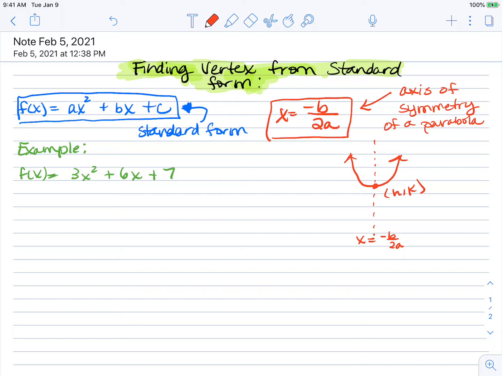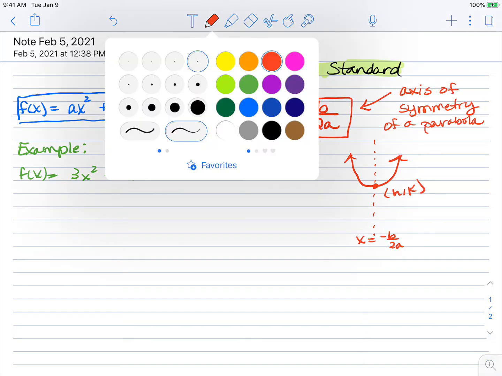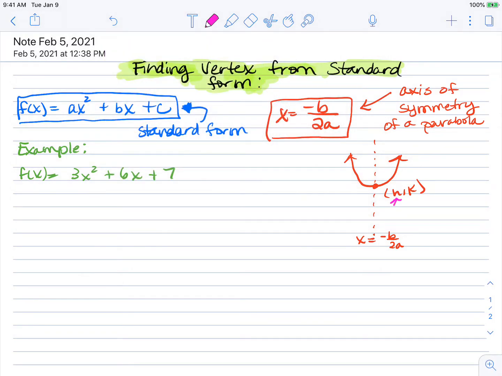So we're saying that this guy here and that guy here are the same equation. They're interchangeable to find that x value for your vertex or to find the equation for your axis of symmetry. Okay.